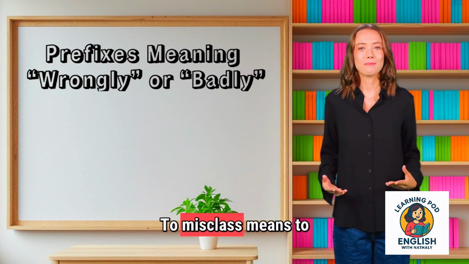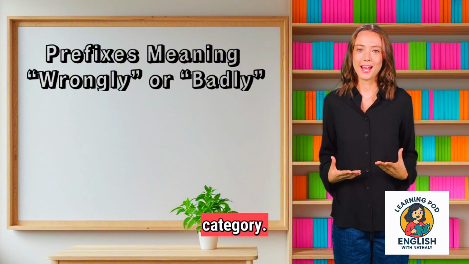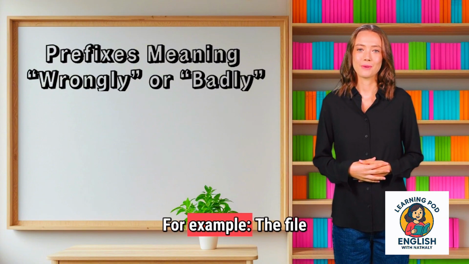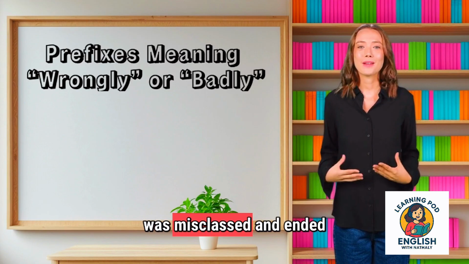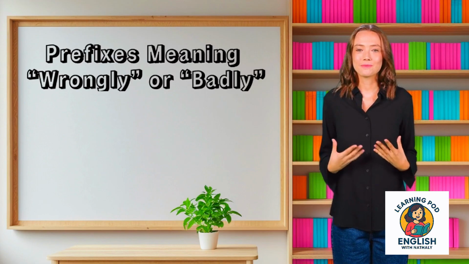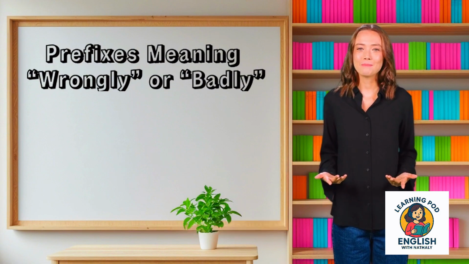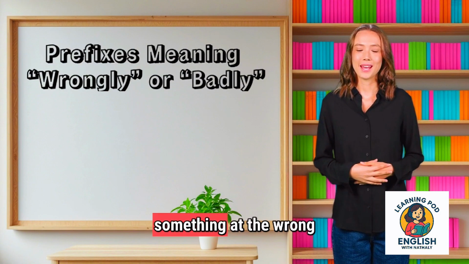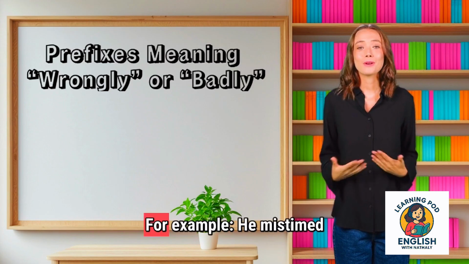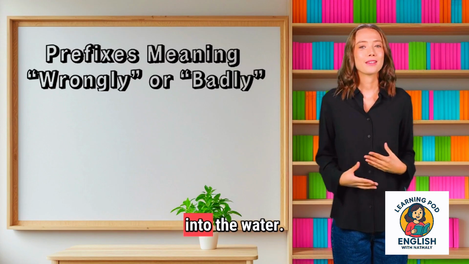To misclass means to wrongly classify or place something in the wrong category. For example, the file was misclassed and ended up in the wrong folder. 7. Time, mistime. Mistime means to do something at the wrong time. For example, he mistimed his jump and fell into the water.